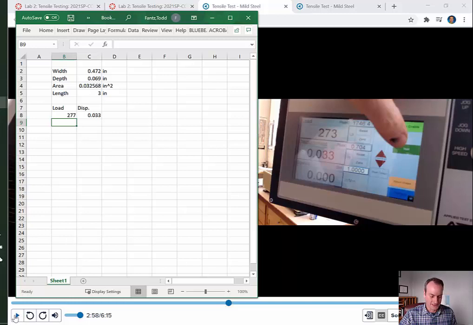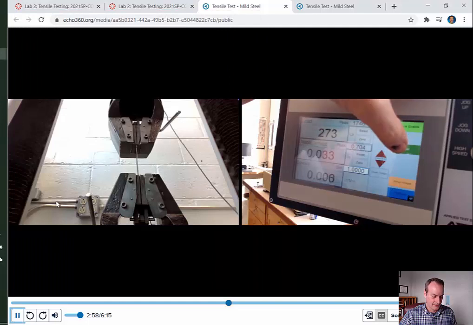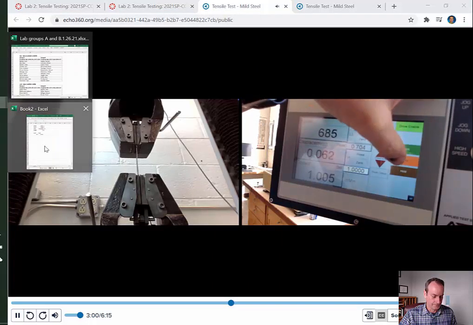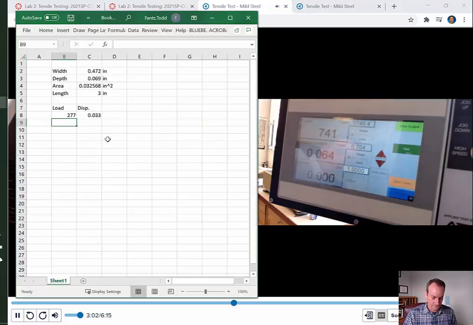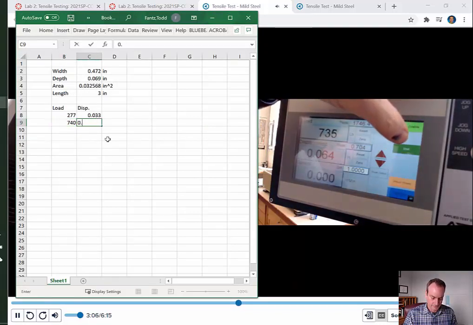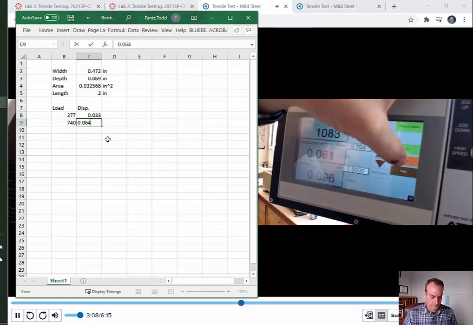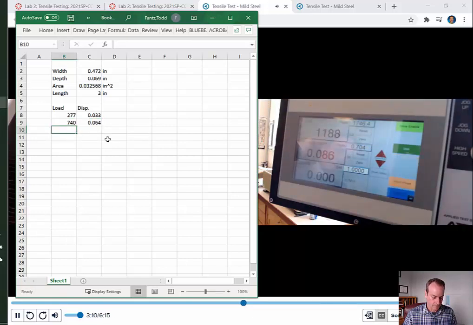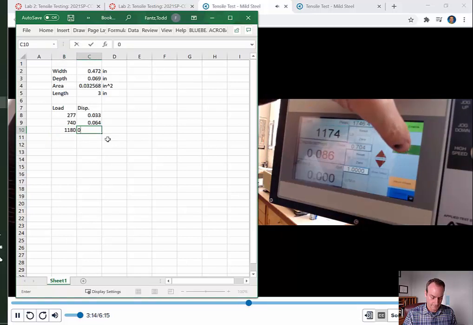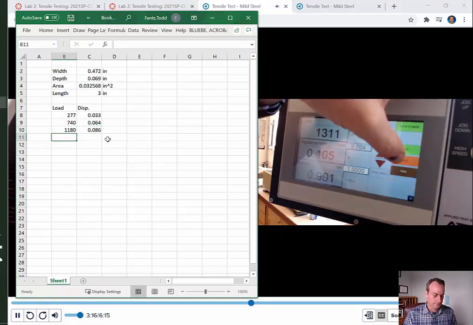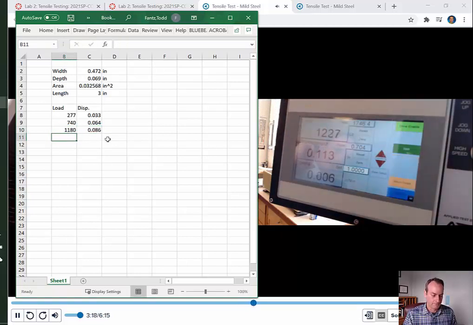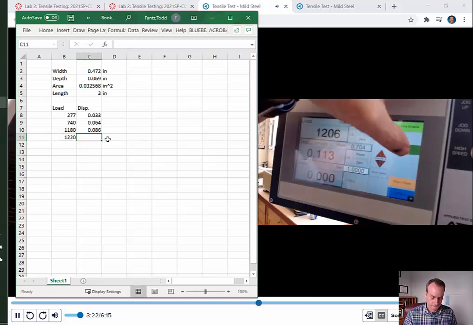But you can see how I'm just going to record a load of like 740, a displacement of 0.064. A load of, we'll call it 1180, displacement of 0.086. A load of 1220, displacement of 0.113.